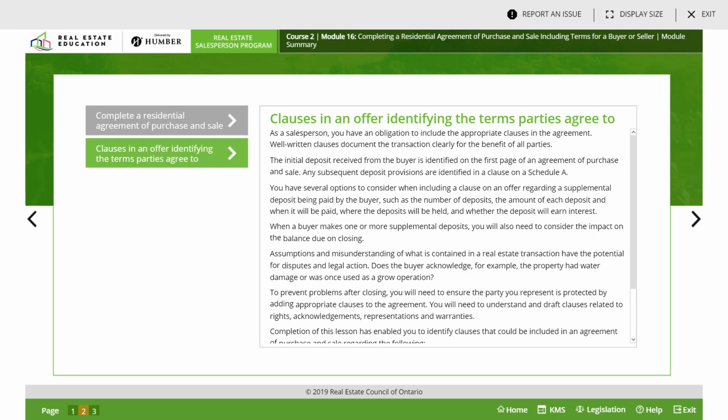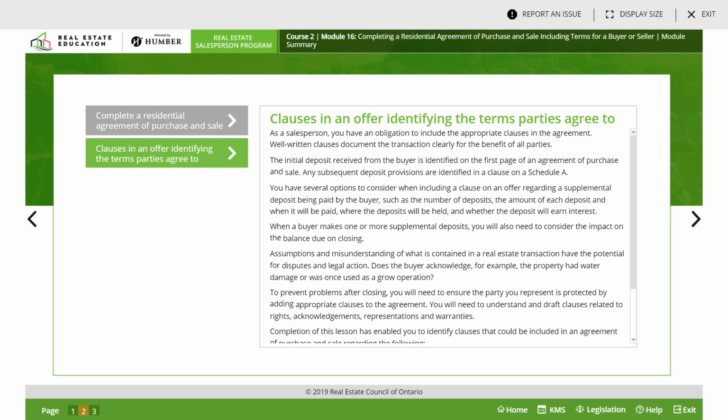I'm going to read this because this might be helpful because they do give examples. As a salesperson, you have the obligation to include the appropriate clauses in the agreement. Well-written clauses document the transaction clearly for the benefit of all parties. The initial deposit received from the buyer is identified on the first page of an agreement of purchase and sale.